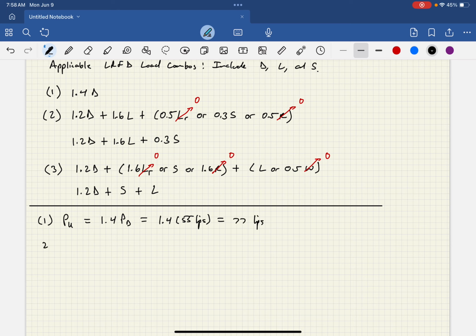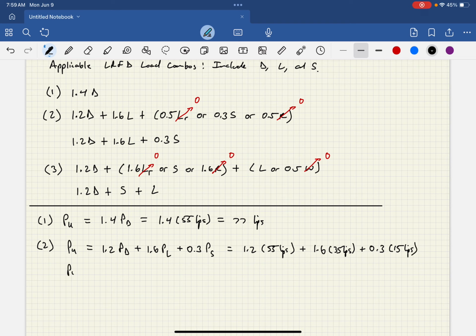All right, load combination 2: P sub U, again using the force notation now, equals 1.2 P dead plus 1.6 P live plus 0.3 P snow. If I substitute these values in, of course I get 1.2 times 55 kips plus 1.6 times 35 kips, and then plus 0.3 times 15 kips.